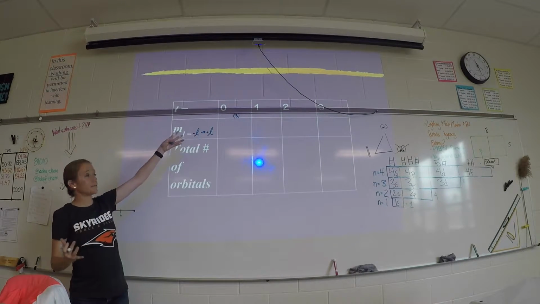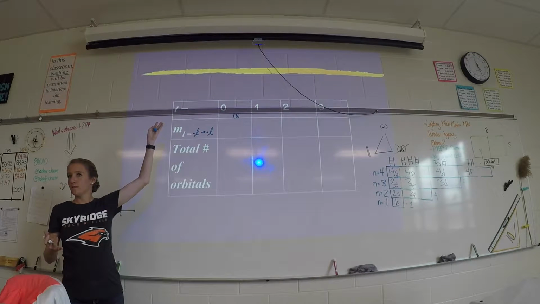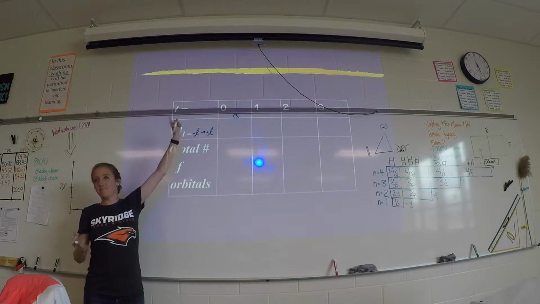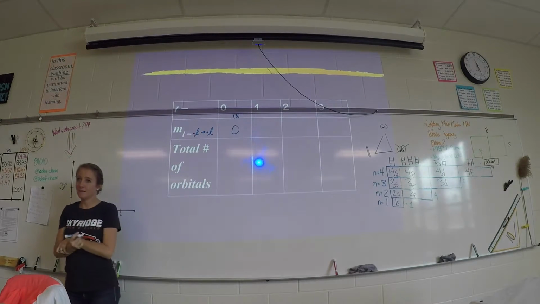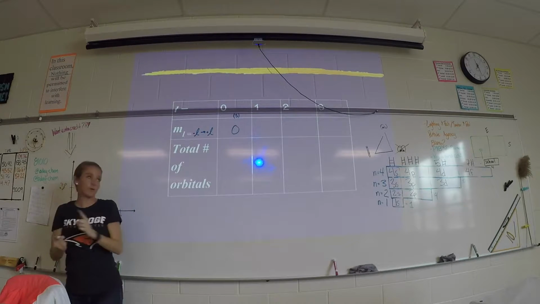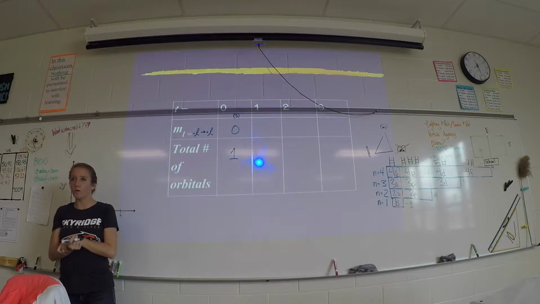So if L equals 0, what does M sub L equal? 0, because it's 0 to 0, which is just 0. Which means there's only one way it can be oriented, which is why we just have 1 bunk bed or 1 orbital.